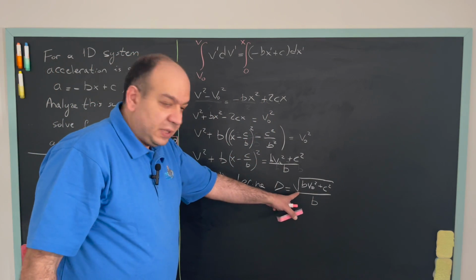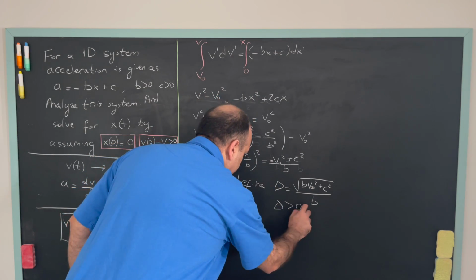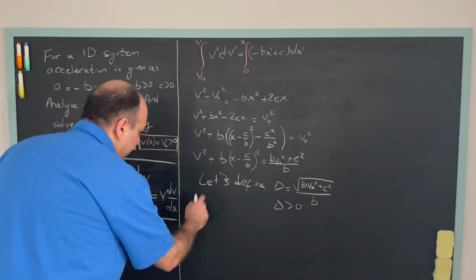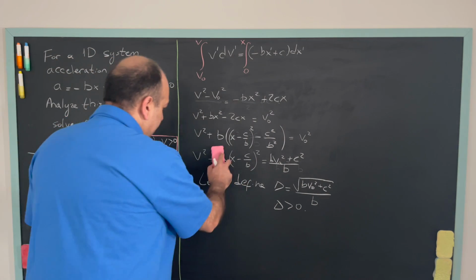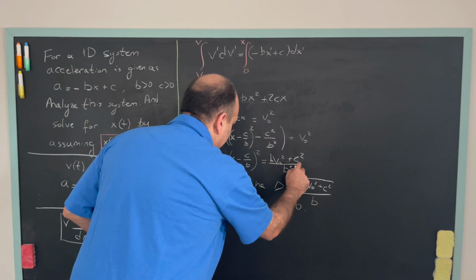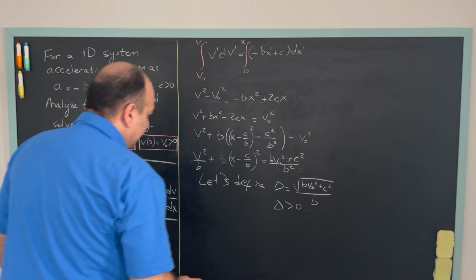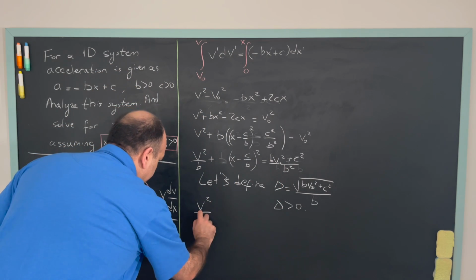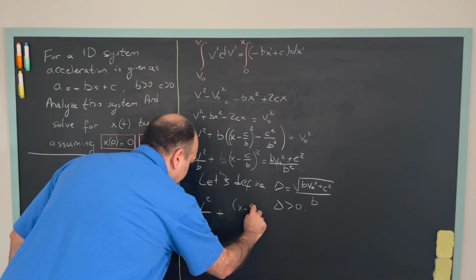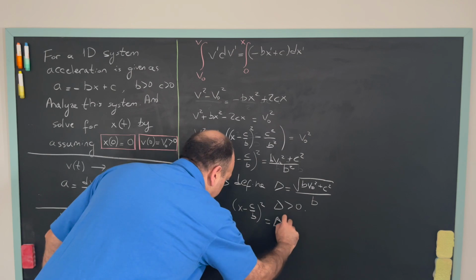With this new definition of delta, and I assume delta is of course larger than 0, this equation turns into, so I will divide everything by b. So let's divide by b first. So this term is nothing but the square of delta, right? So v squared over b plus (x minus c over b) squared is equal to delta square.